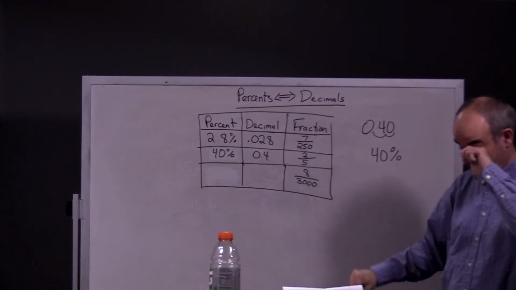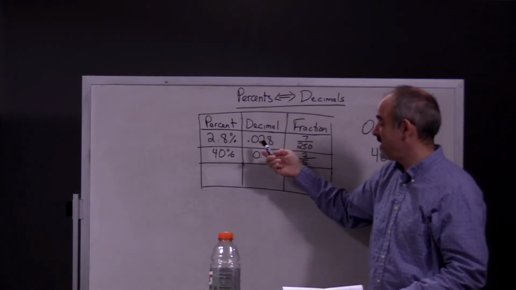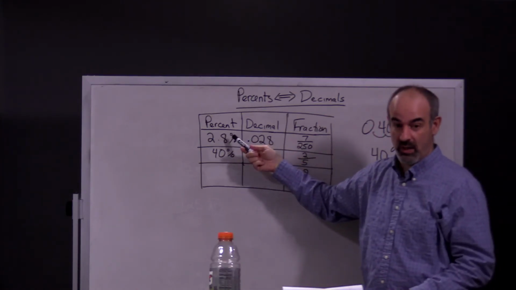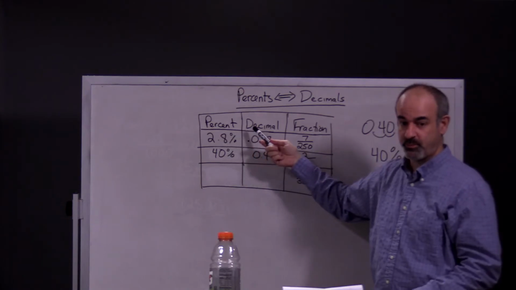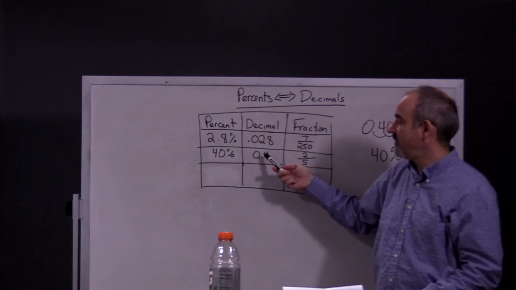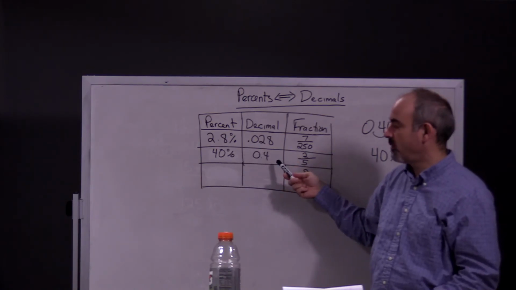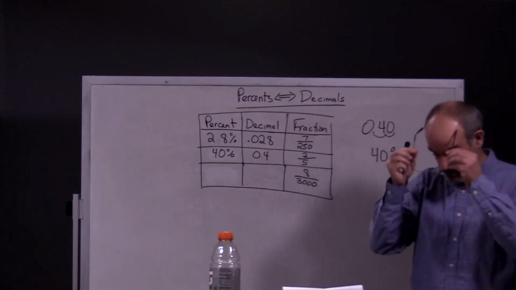So if you're going from percent to decimal, you get rid of the percent sign, and then move the decimal 2 places to the left. If you're going from decimal to percent, you move the decimal 2 places to the right, then add the percent sign.